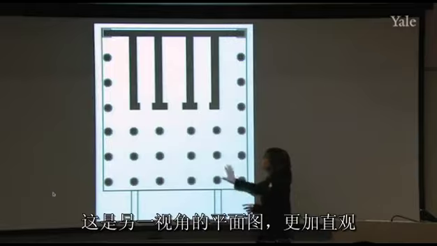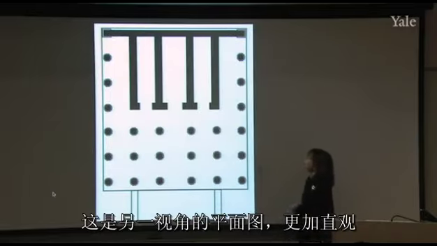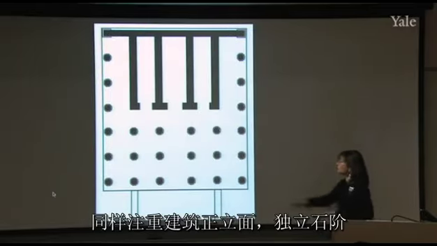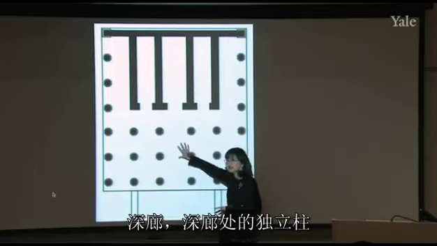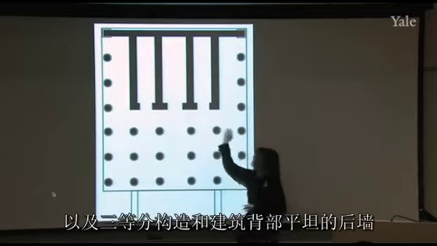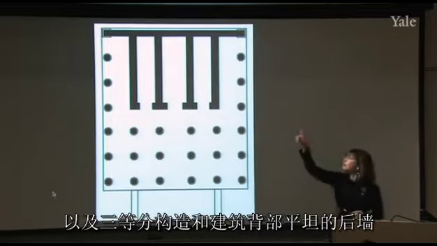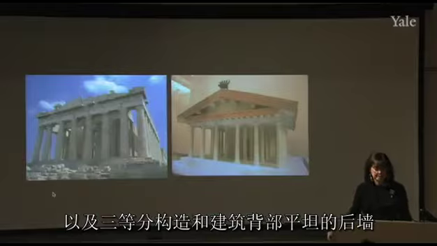Another view also of the plan, just so that you can see it again straight up, with the focus on the facade, the single staircase, the deep porch, the freestanding columns in that porch, and then the tripartite division and the flat back wall.